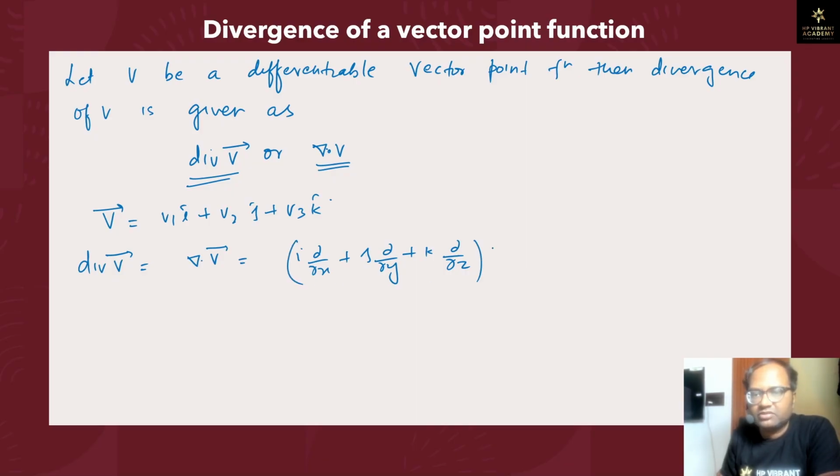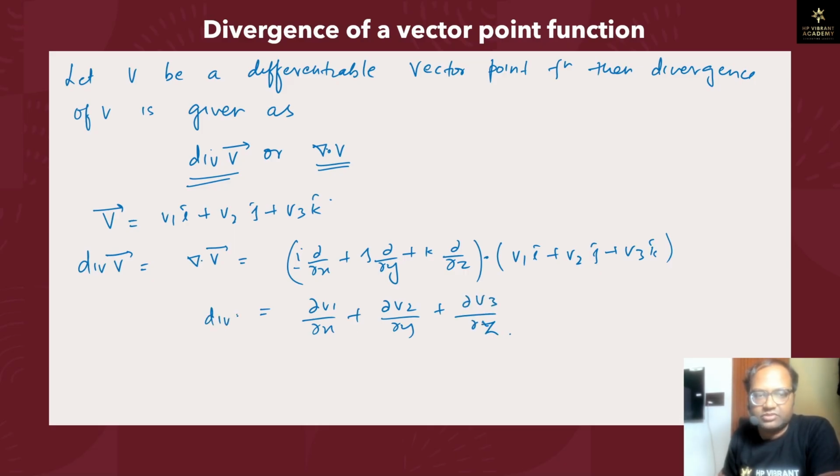Let us apply this on the vector point function v1 i cap plus v2 j cap plus v3 k cap. Let us take the dot product, so i cap dot i cap is 1. So this is del v1 upon del x plus del v2 upon del y plus del v3 upon del z. So this is the divergence of v.